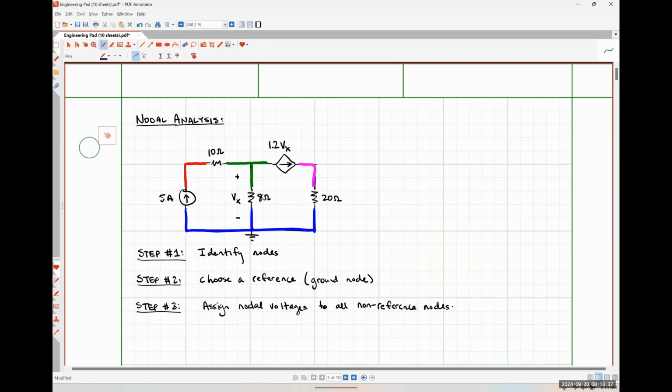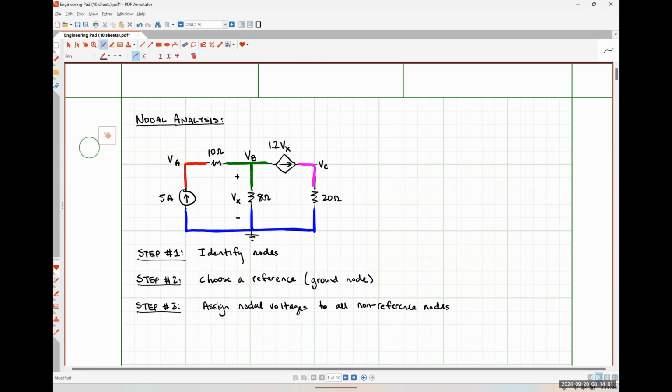So if I were to call this node on the top left node A, then I would choose to call my nodal voltage at node A VA. Similarly, I could have a nodal voltage here at the green node VB and a nodal voltage here at the pink node as VC. So let me explain what these nodal voltages represent.